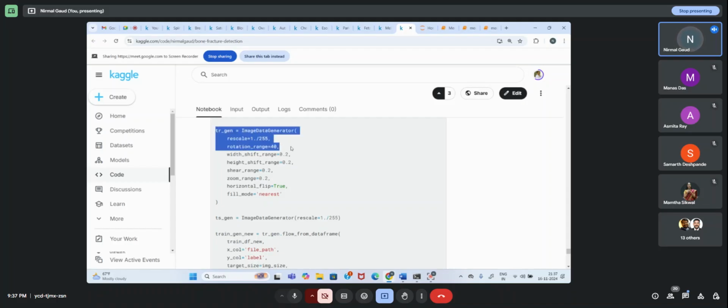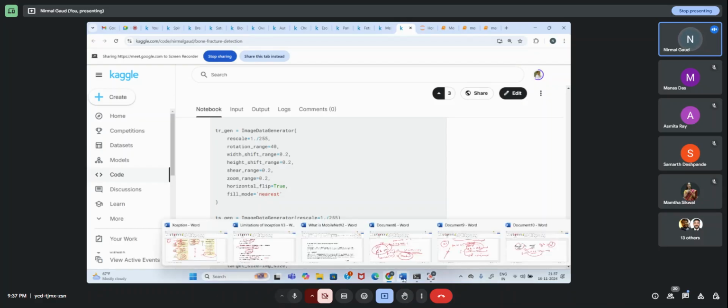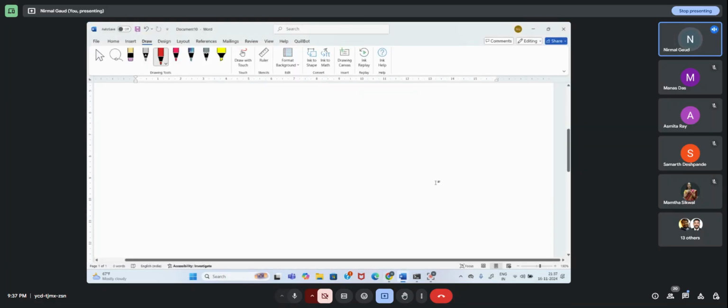This is what you call augmentation. I applied all these transformations over the image. There are many ways you can perform it. For example, now listen to me carefully, you are having 100 images.